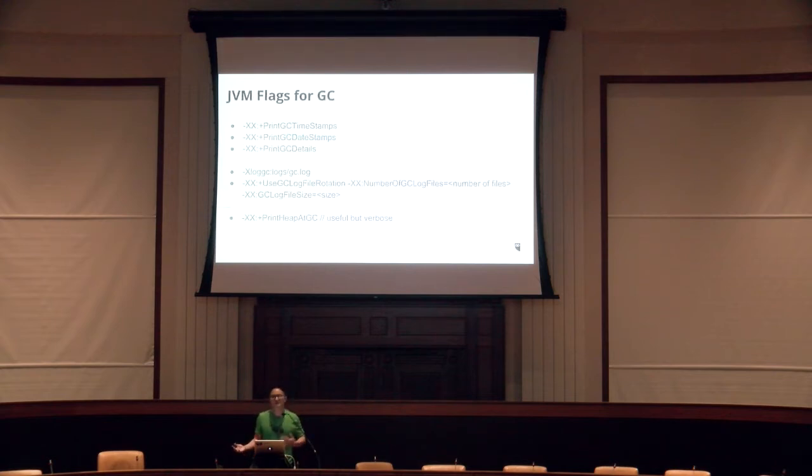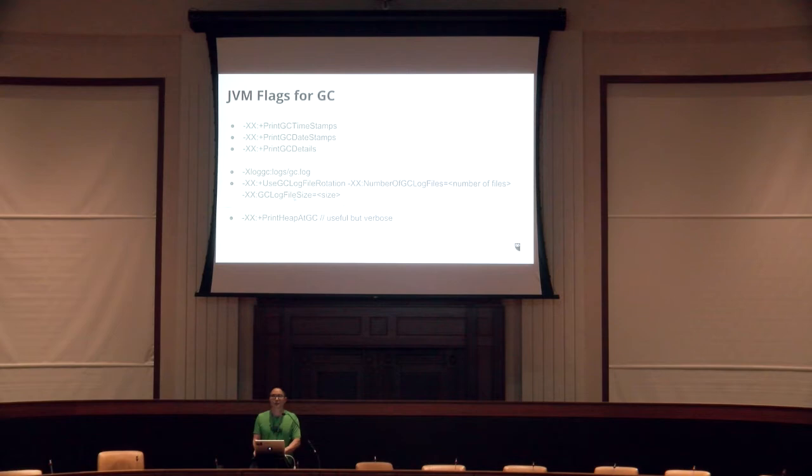So now that we know that there's these pauses, we want to be able to see what's going on in our application. So there are some useful flags that you can provide to your app to get more information. First three here are just giving more details about which events are happening in your application.